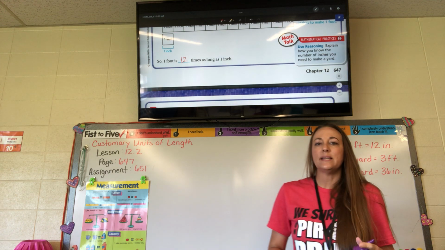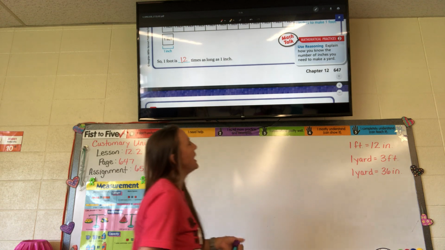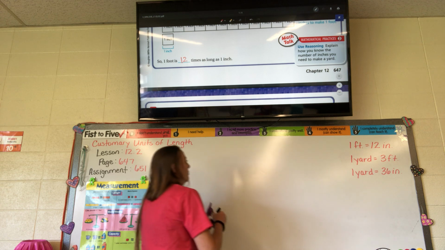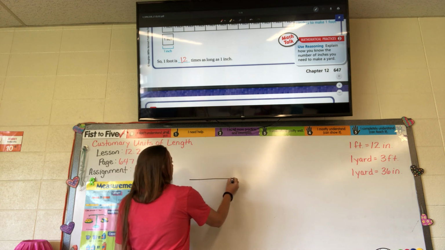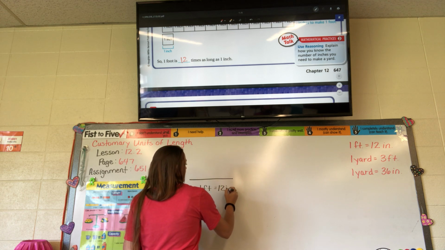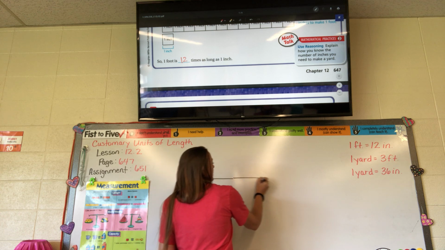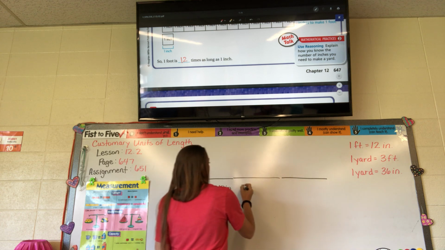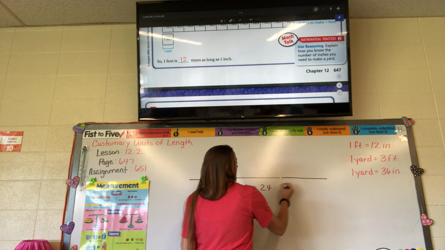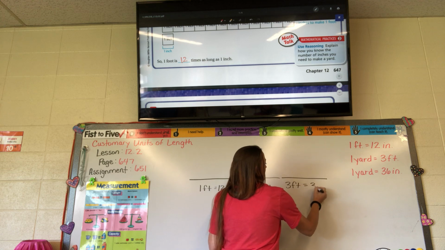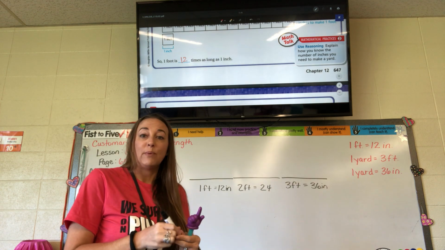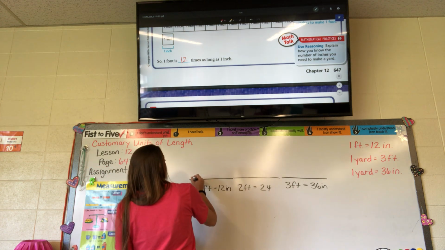On the mathematical reasoning, it says explain how you know the number of inches you need to make a yard. So if you know that in 1 foot there are 12 inches, and you know that in 1 yard there are 3 feet, we multiply that 3 feet by 12 inches in each one.